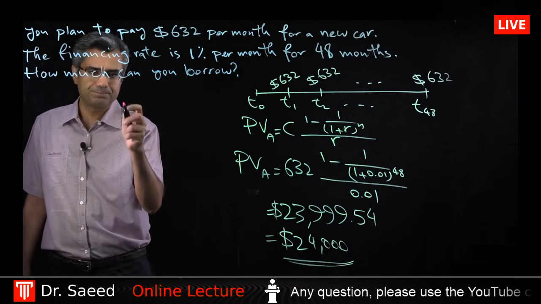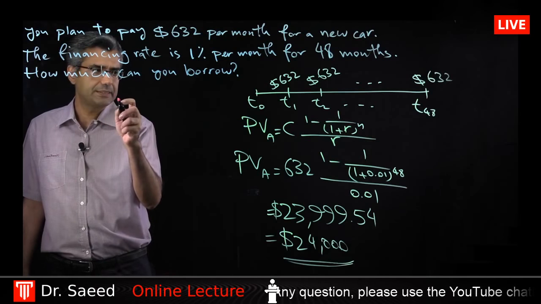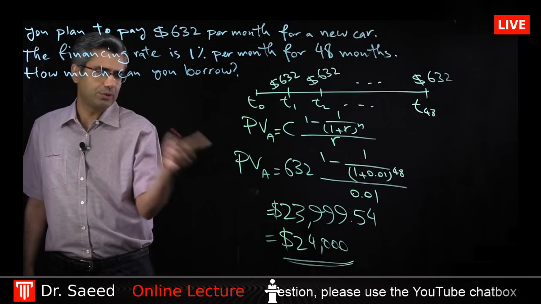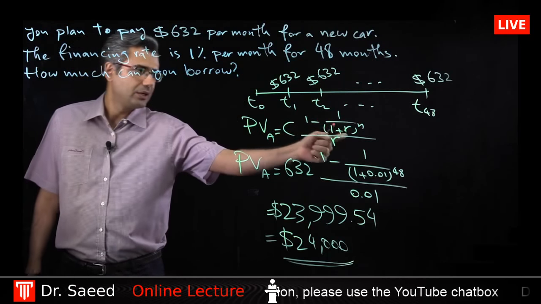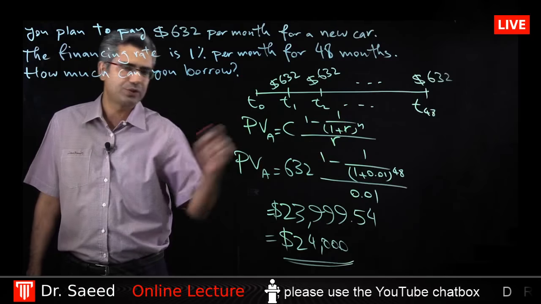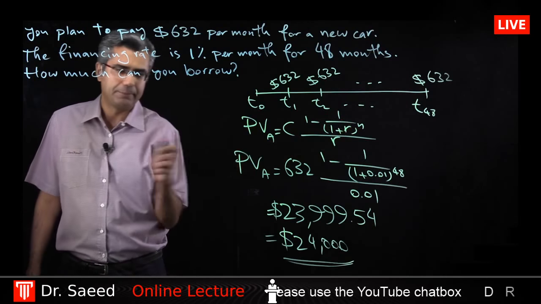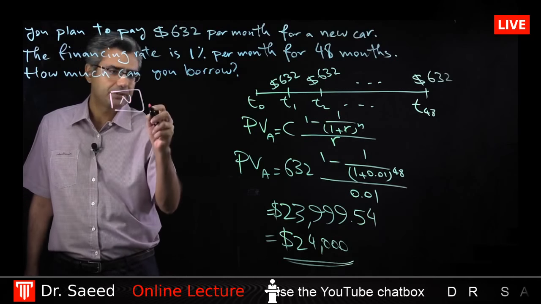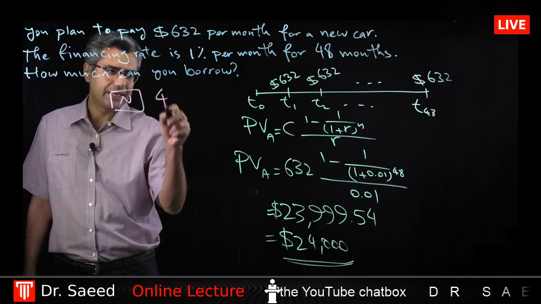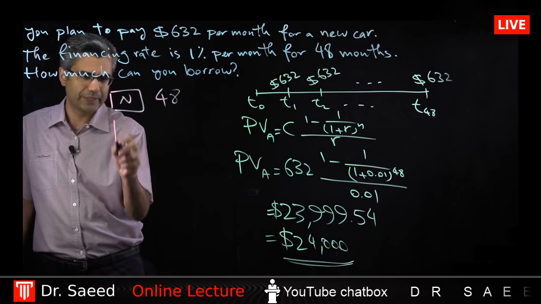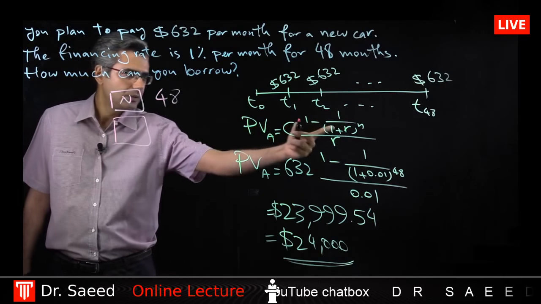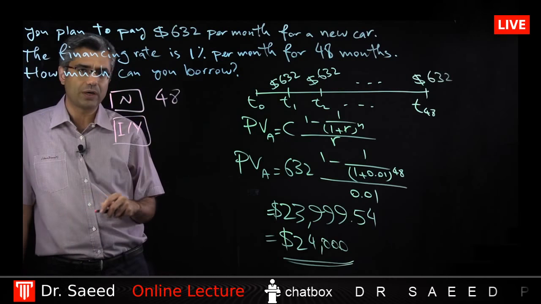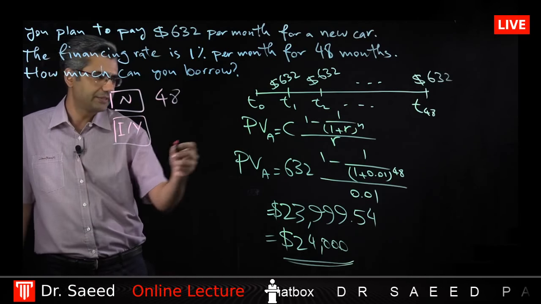For this case, we want to compute present value, and we have 3 parameters. So there's one button N in your calculator. N is 48, and then we have I/Y in your calculator, which means interest rate, and here it is 1%.